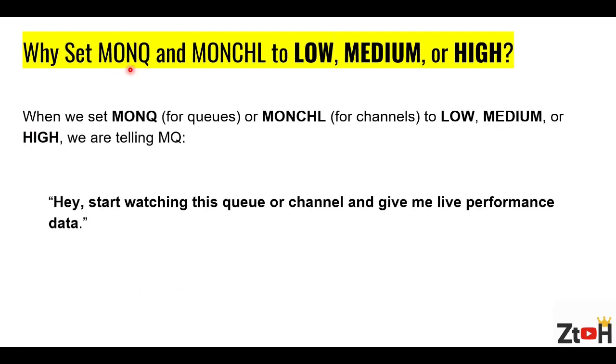Why do we need to set MONQ and MONCHL to low, medium or high? When we set MONQ for queues or MONCHL for channels to low, medium or high, we are telling MQ, hey, start watching this queue or channel and give me live performance data.